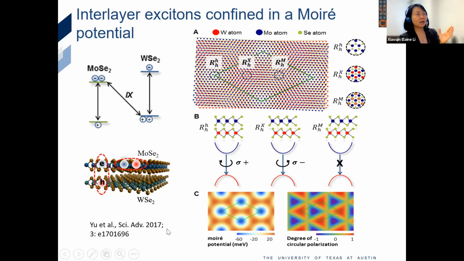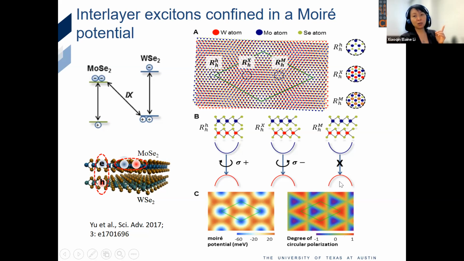A lot of these optical transition selection rule changes were first proposed in this paper by Xiaoqin. If I were able to put an electron hole pair in one location versus another location, these are the three high symmetry points that I previously called AA, AB, BA, that notation. If I were able to put them in different locations, I would have a sigma plus transition in one location and a sigma minus transition in the other location.